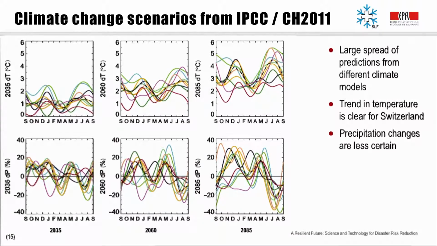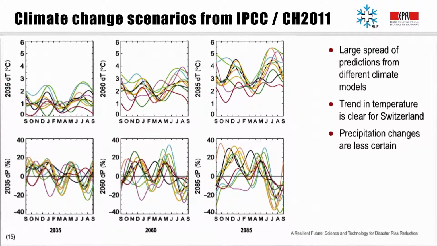Here the spread in the individual curves comes more from the differences in the models than from disturbed initial conditions. So it also allows you to estimate a little bit the uncertainty of these climate change scenario simulations.